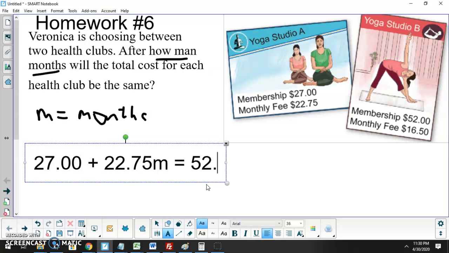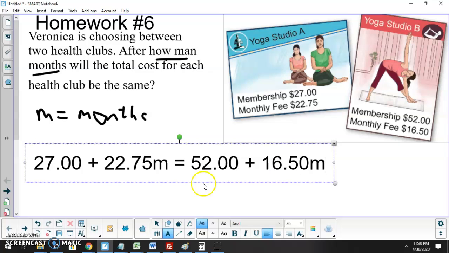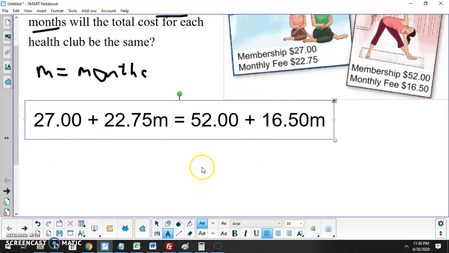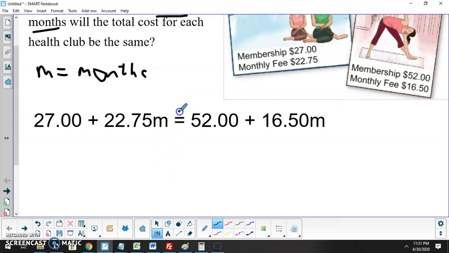Studio B's equation is basically the same thing. You've got a membership fee and you've got a monthly fee, 16.50m. After that, you have to solve this equation when you have variables on both sides of the equation. Remember, you cannot add like terms through the equal sign, so you have to undo the term here.